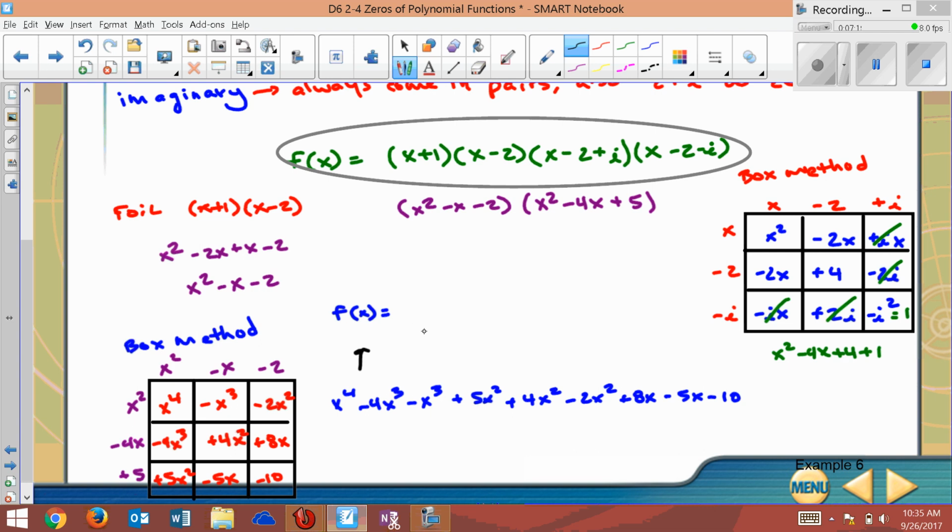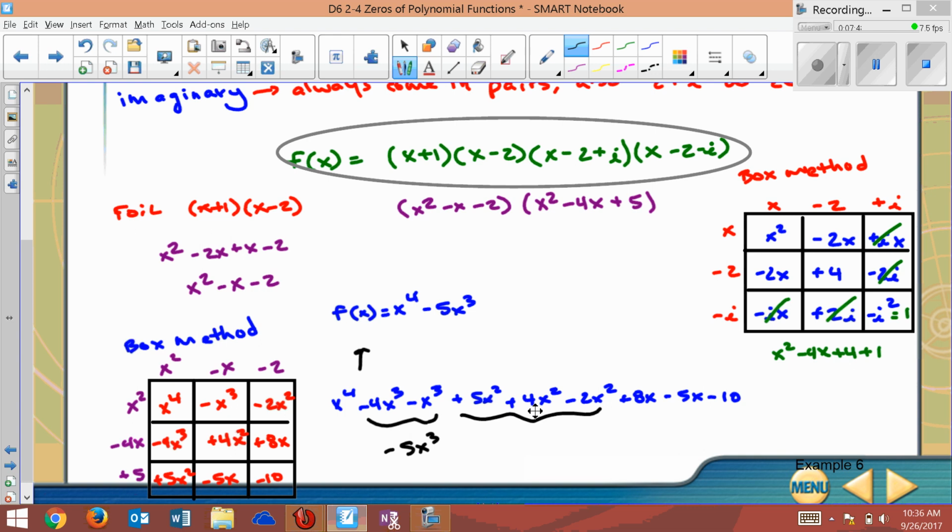You would have x to the 4th, then the x cubed terms, negative 4 and negative 1, that's minus 5x cubed.